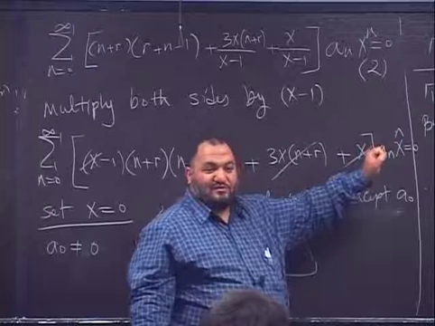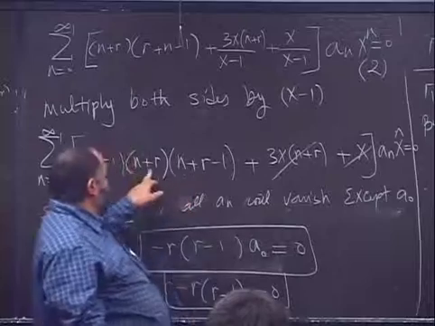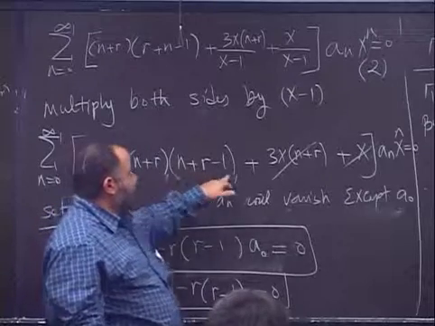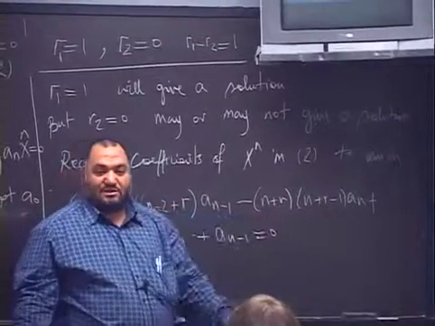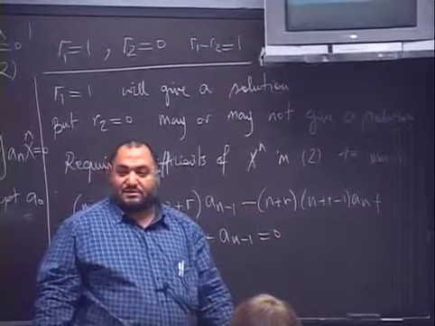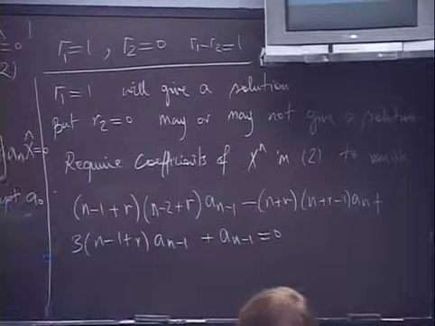So what's the coefficient for x to the power of n? a_n multiplied by (n plus r) multiplied by (n plus r minus 1). Did you understand what we did? I want everybody to understand how you collect terms.